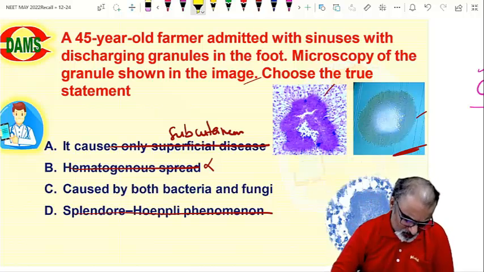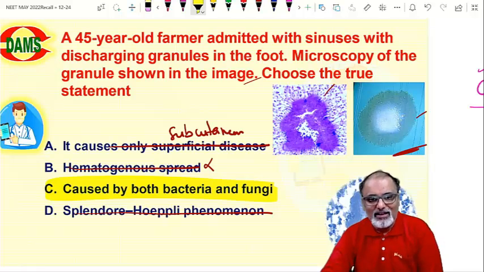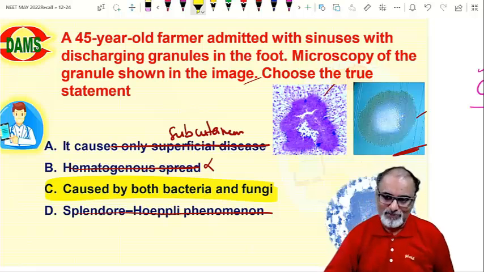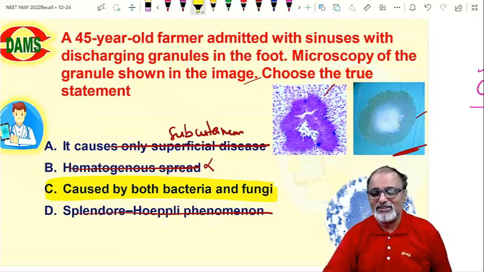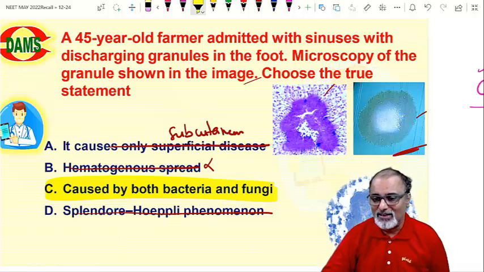It is caused by both fungi and bacteria. They have different types of granules. Bacterial granules are yellow, except Actinomadura pelletieri, which is red. The majority of fungi are black, and some are white. Madurella mycetomatis, Curvularia and so on are black, whereas Aspergillus, Acremonium, Fusarium and so on are white.